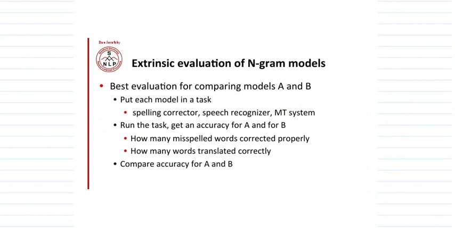Now there are two ways in which we can experimentally or theoretically evaluate the n-gram models. Once we have a language model, we can put it into a task. A task is actually a problem, like spelling corrector, speech recognizer, machine translation system, named entity recognition, sentiment analysis, right? These are the different tasks into which we can put a language model, and all these NLP tasks necessarily require a language model for their execution.